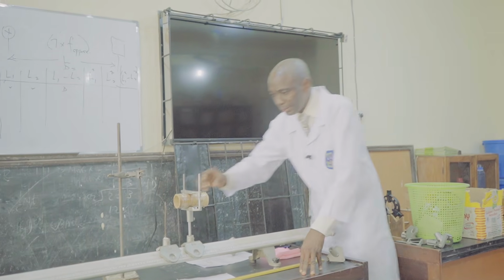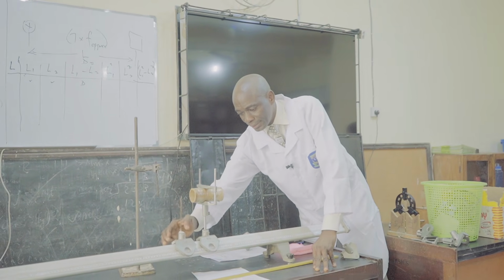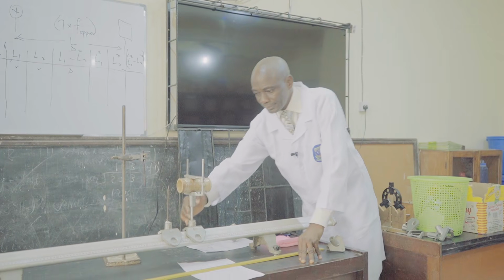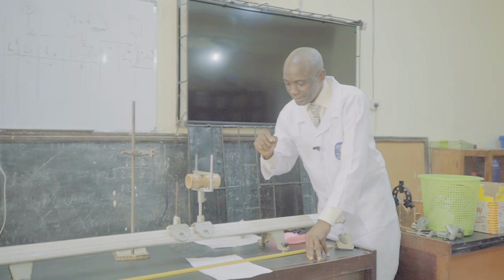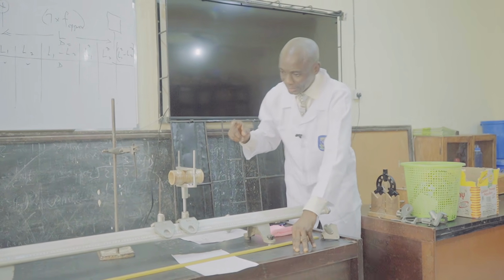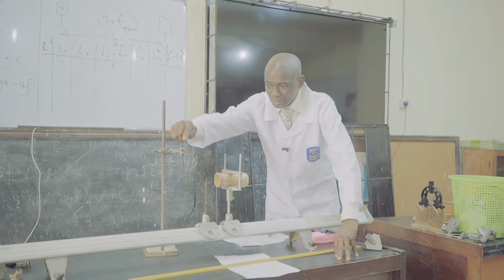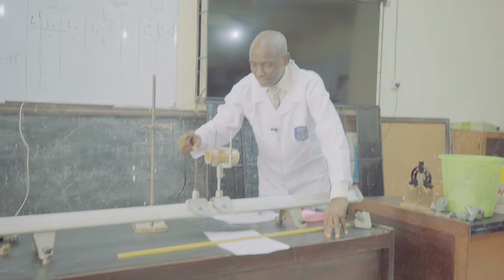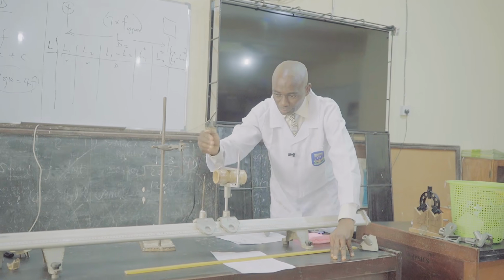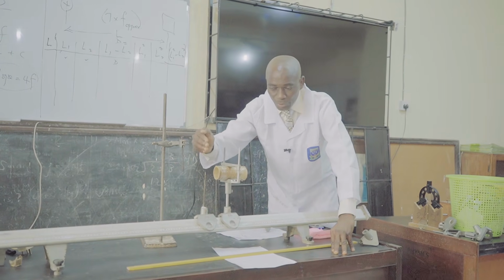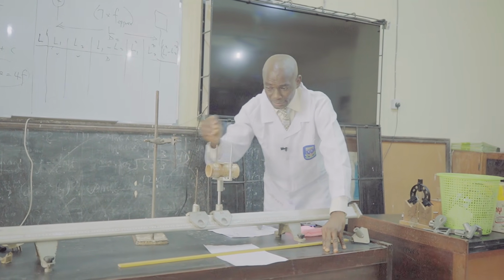Now the object is placed less than the focal length of the converging lens. And now we're going to use the search pin, which is already stationed here, to locate the image obtained.